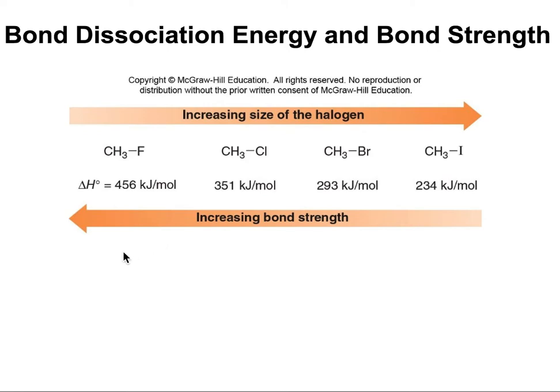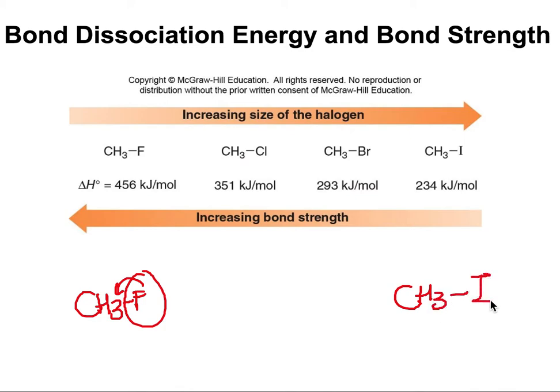So one more time, when we have CH3F, F is smaller, so it can keep the electrons close together. When we have CH3I, this is really big, so the nucleus is not so close to the electrons in the bond, so it cannot keep them so closely together.